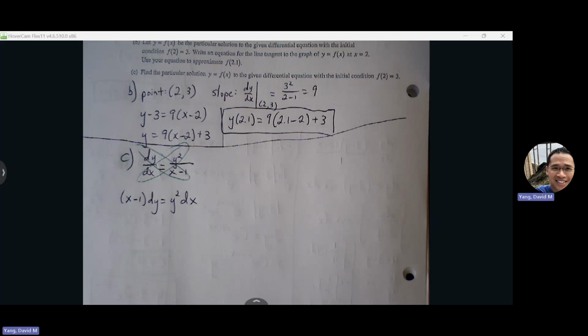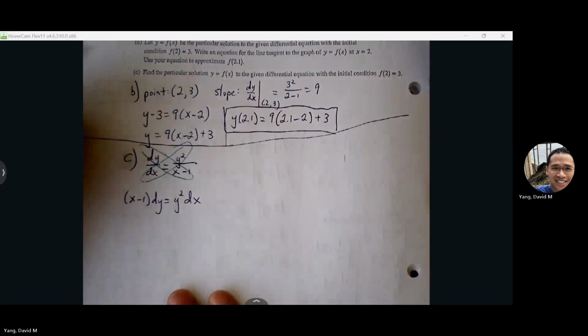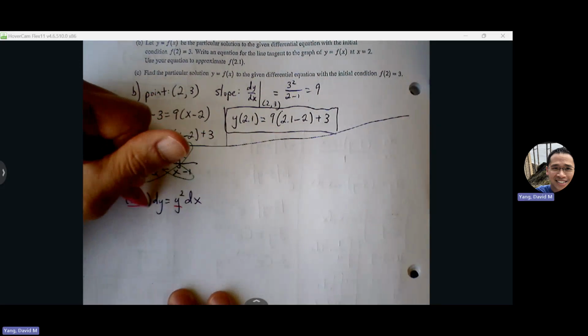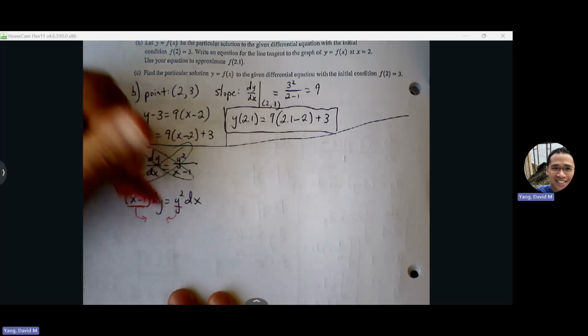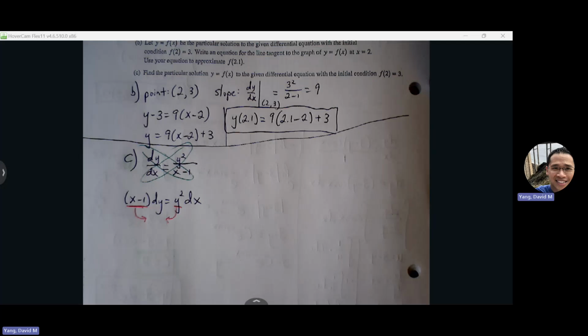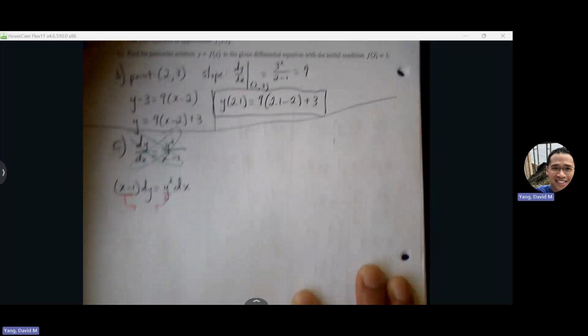Okay, do we have full separation variables yet? Not yet. Okay, so what needs to move? Yeah, they're both going to have to move to the denominator of the other side. So I like to do them both at once. Okay, just move them both into their preferred locations, and then we can get full separation variables.